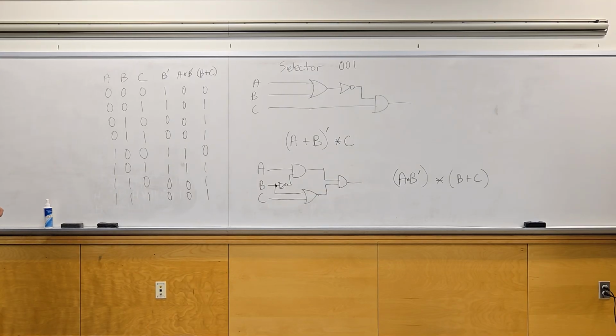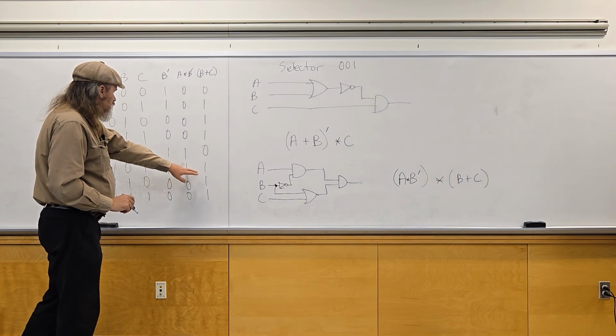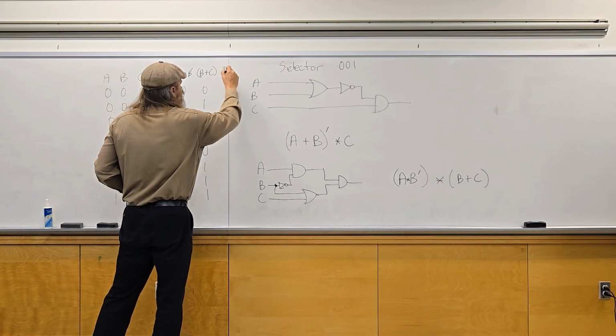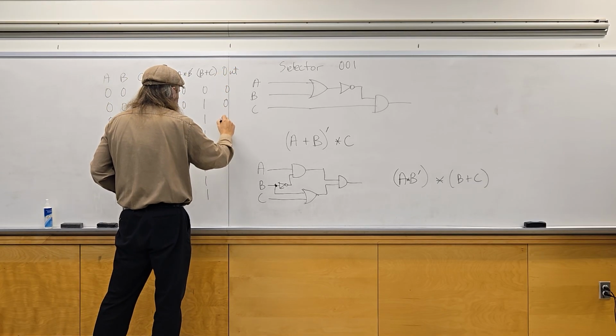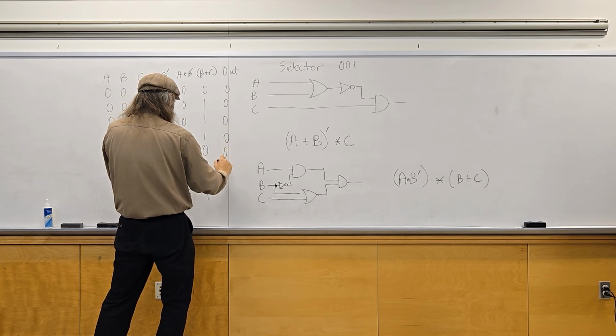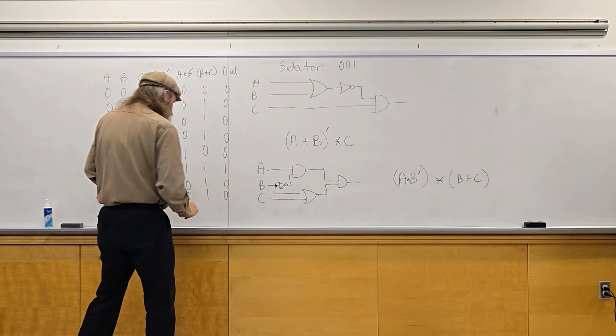Okay. And it looks like this might be another selector, because you're going to AND these two columns here in the output. And it's going to be a 0, 0, 0, 0, 0, 1, 0, 0.